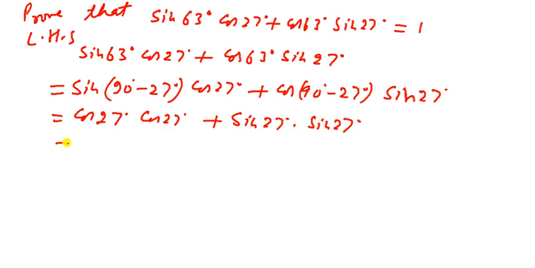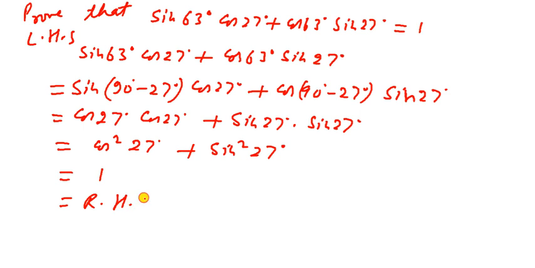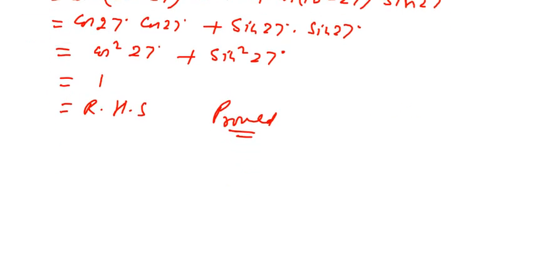So sin(90 minus theta) is cos theta, so cos 27 degree times cos 27 degree, plus sin 27 degree times sin 27 degree. As you know, it is cos square 27 degree plus sin square 27 degree. So cos square theta plus sin square theta is 1, and it is your right hand side. So hence proved.